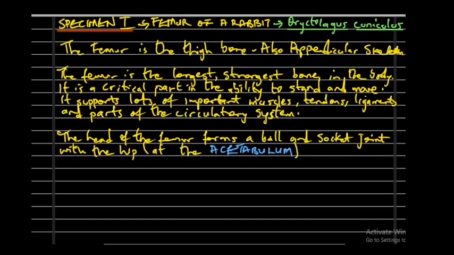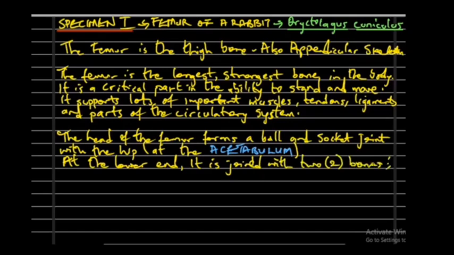At the lower end of this bone, it is joined with two bones of the lower part of the hind limbs.